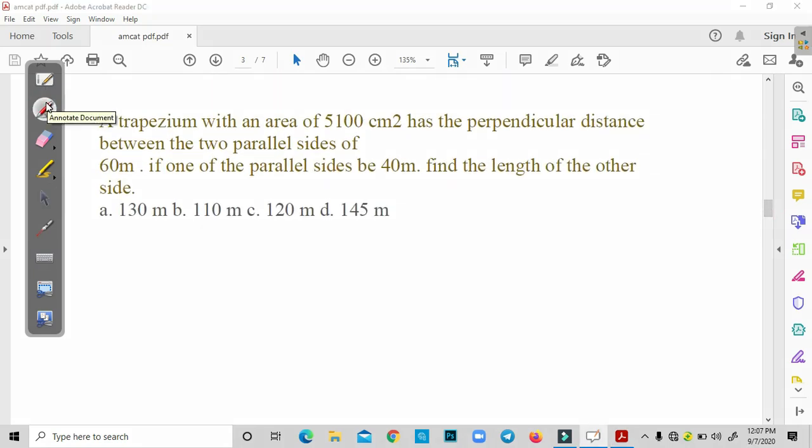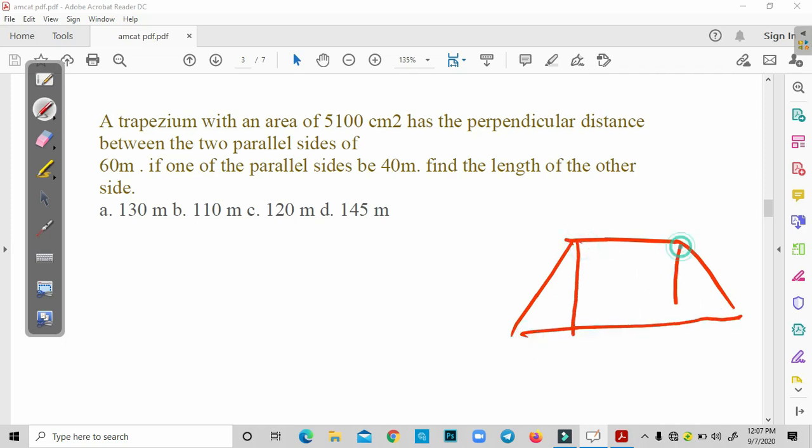Now, a trapezium with an area of 5100. Okay guys, now the trapezium will be like this. A trapezium with an area of 5100 centimeters square has a perpendicular distance between the two parallel sides of 60 centimeters. If one of the parallel sides is 40, find the length of the other.